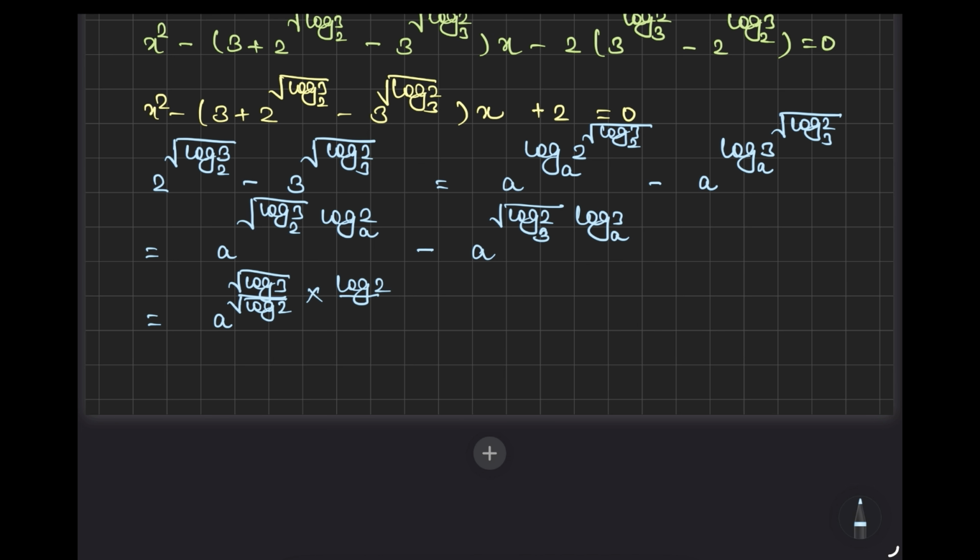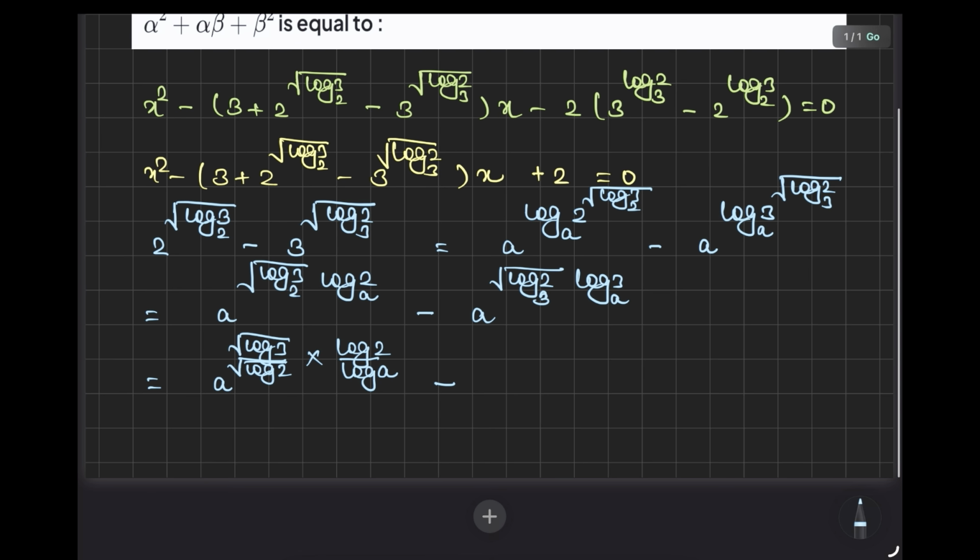Log 2 by log a, minus a power root over log 2 by log 3, same game, by log a.